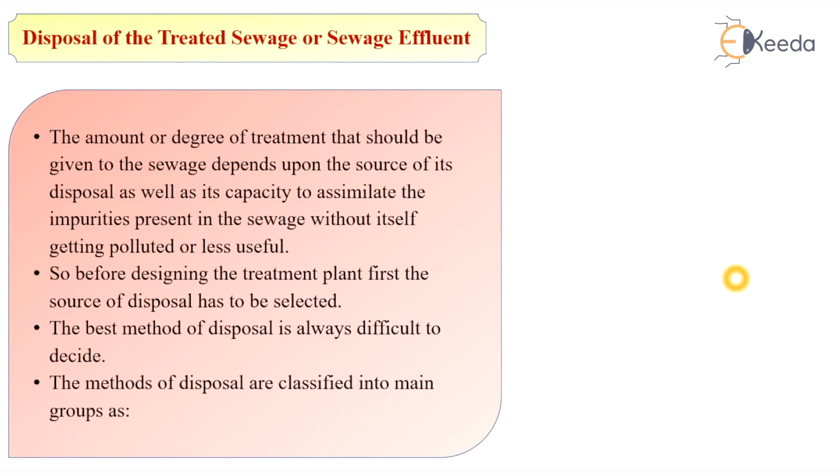The methods of disposal are classified into two main groups. First is natural methods. Naturally, we dispose of this sewage, either treated or raw, into the water body.